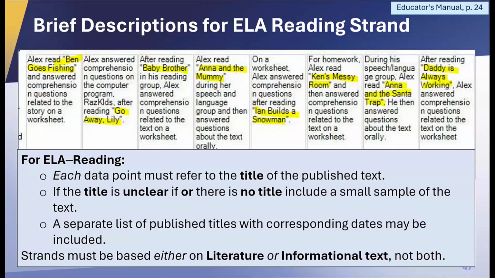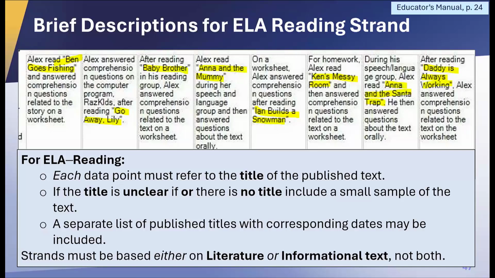When you're doing brief descriptions for the reading strand, you want to have a title of the text in each of those data points. Sometimes just the title alone is unclear, or you download something from the internet and it doesn't really have a title.